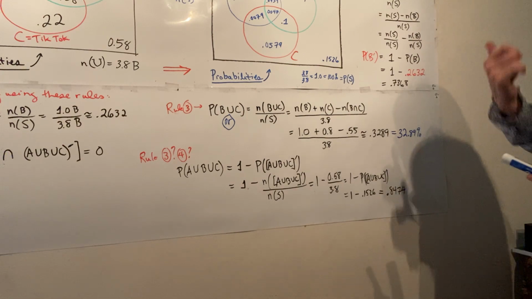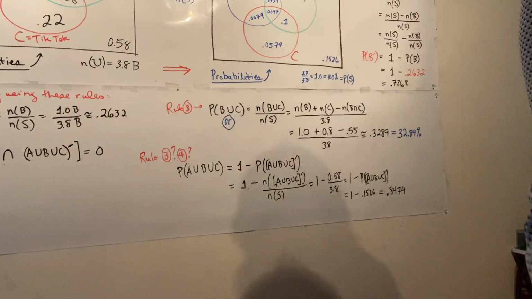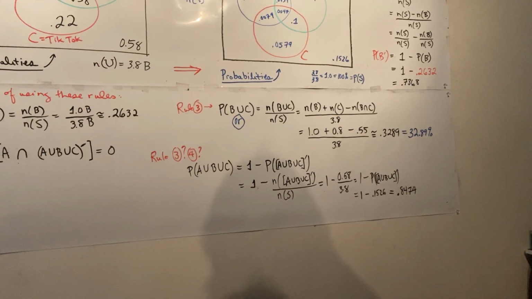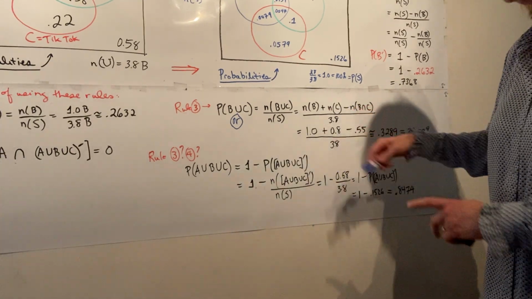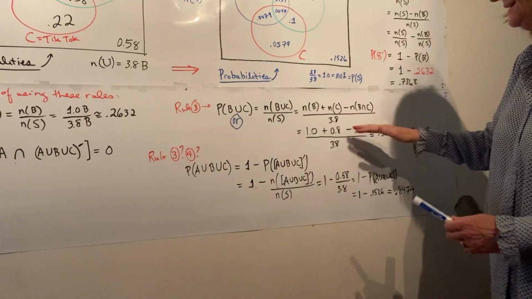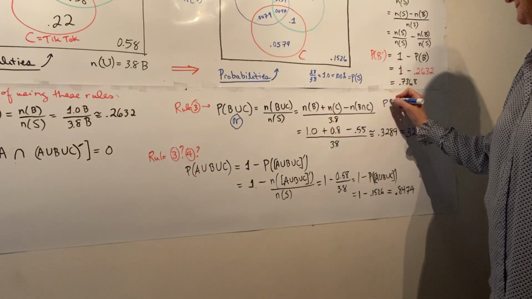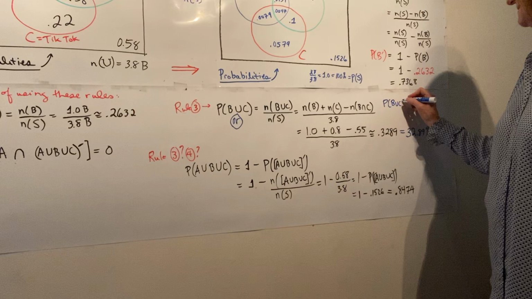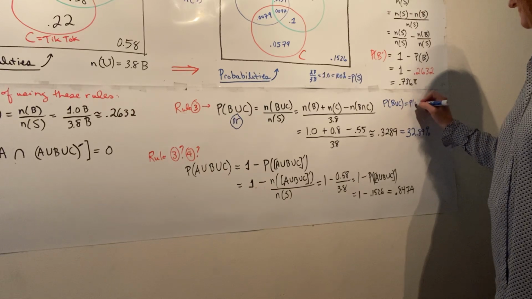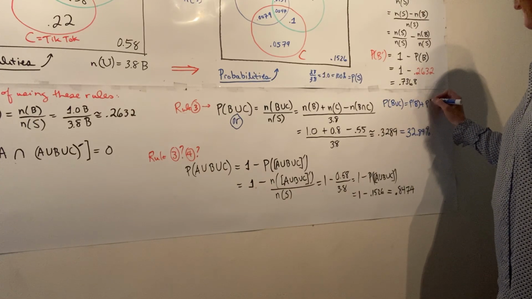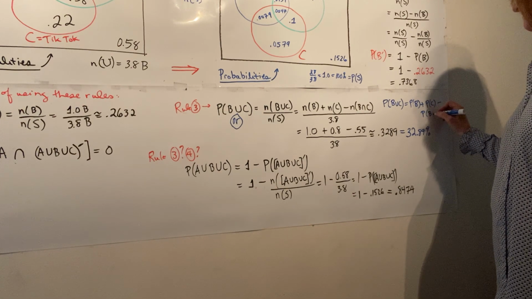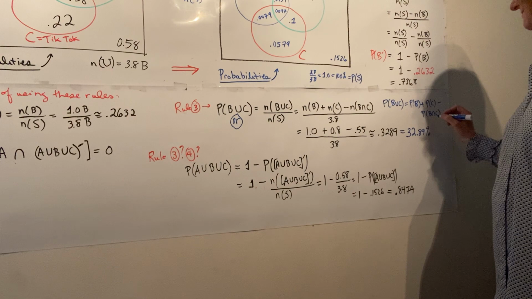So, what's another rule? Oh, sorry. Did I use the rule here? I kind of explained again why the rule, I could have done it this way. The probability of B union C is the probability of B plus the probability of C minus the probability of their intersection, right?